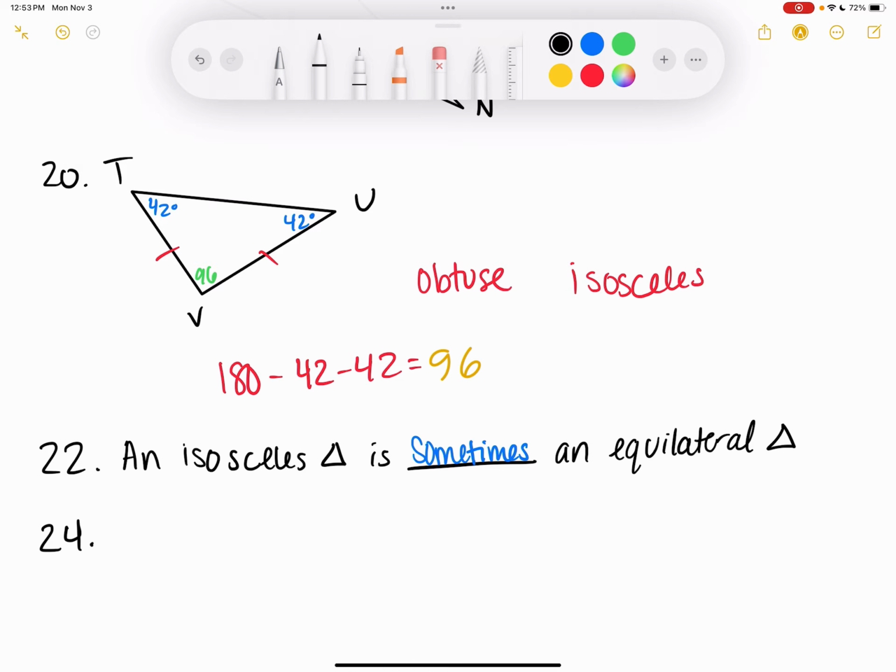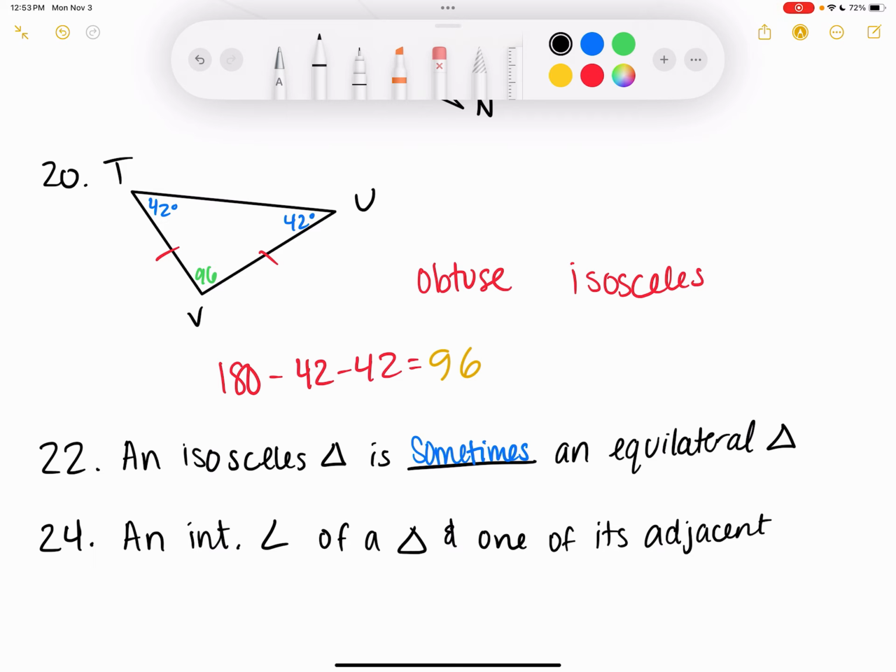24. An interior angle of a triangle and one of its adjacent exterior angles are blank supplementary.